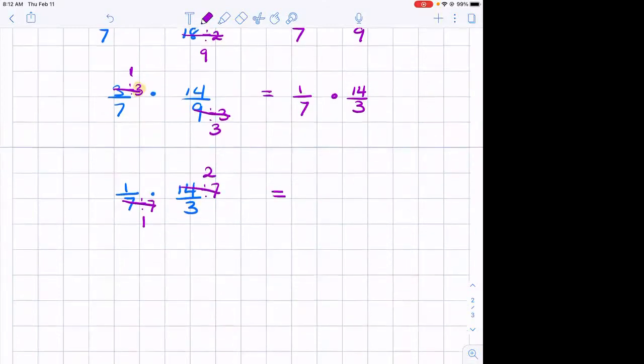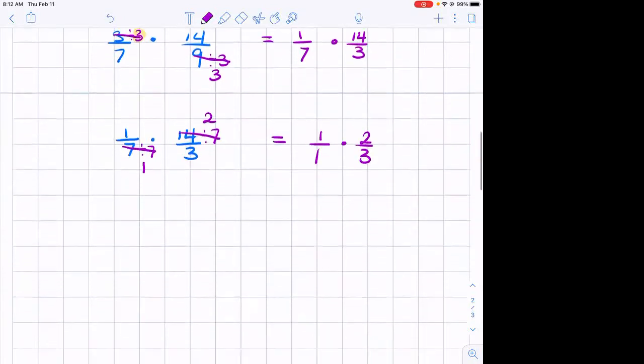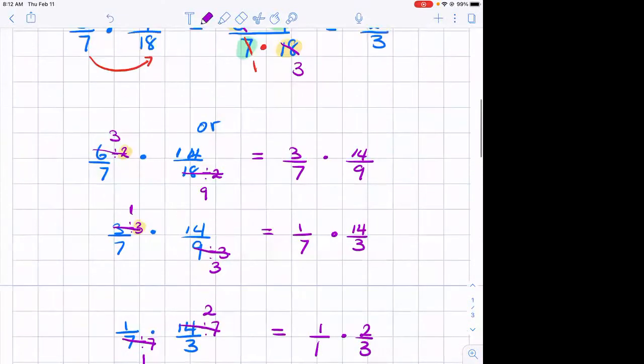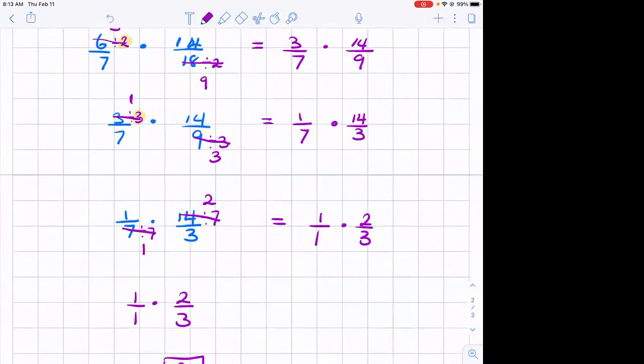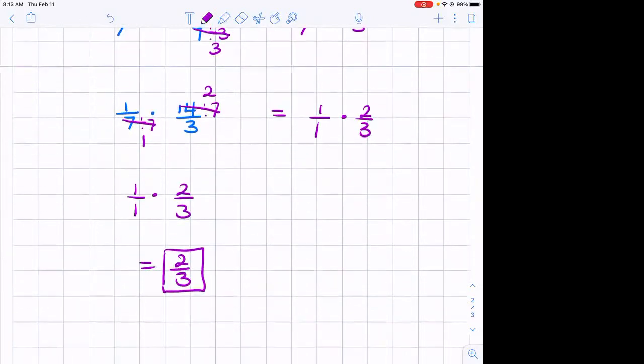So that leaves you with 1 over 1 times 2 over 3. And if you multiply 1 over 1 times 2 over 3, this is equal to 2 over 3. So some of you know what is called cross simplifying. So there are many ways that this can be done, well, a few ways.